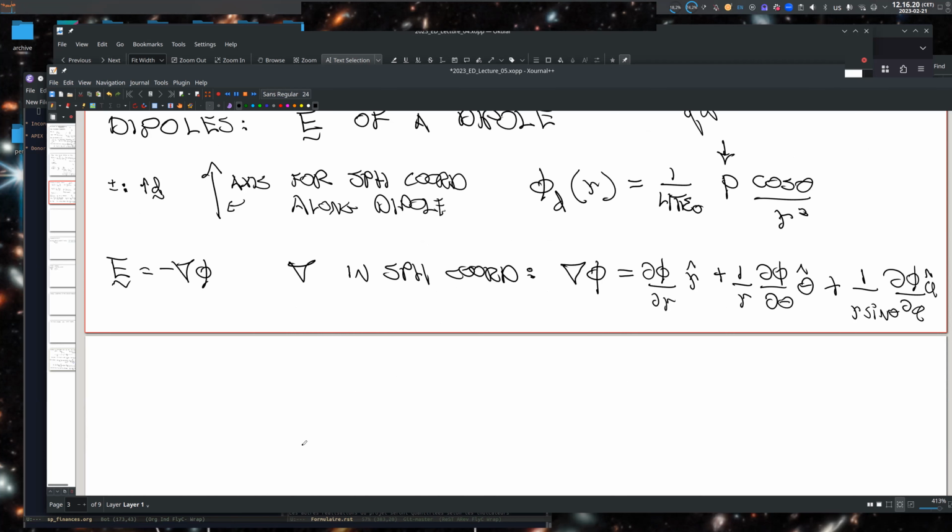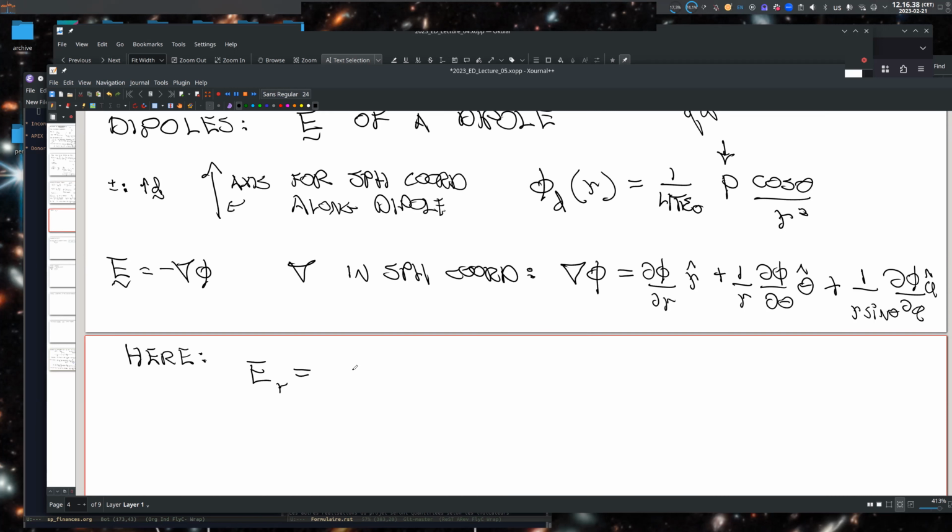Okay, so here what that means is that the r component of the electrical field is just going to be the r derivative of that thing.